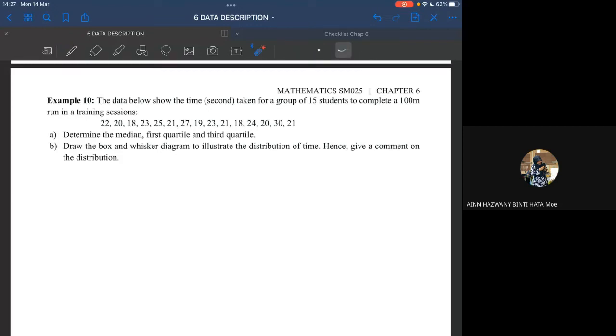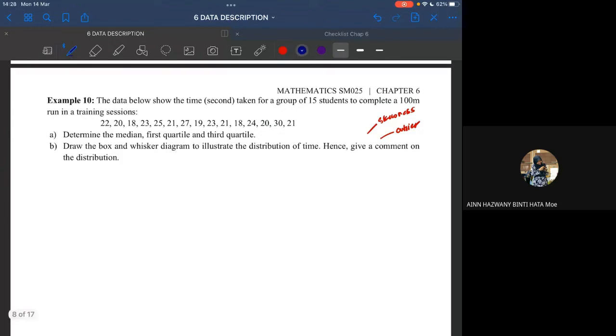Draw the box and whisker diagram. So kalau dia suruh lukis box and whisker tu, literally everything that we have done earlier. Itu semua yang kamu kena buat. Okay. Illustrate the distribution of time, hence give a comment on the distribution. So give a comment on the distribution is the skewness dengan outlier dia. Itu yang kita kena bagi tahu.